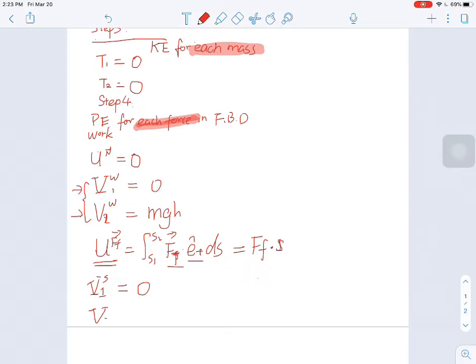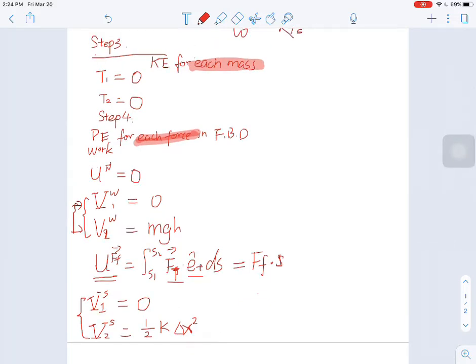But at position 2, the block has compressed the spring, therefore there is a potential energy from the spring. The equation is 1/2 times k times delta x squared. That's the potential energy from the spring, and it is always positive. So remember, keep that in mind. The potential energy from the spring is always positive. These two potential energies come from the spring, and these two are from the weight force.